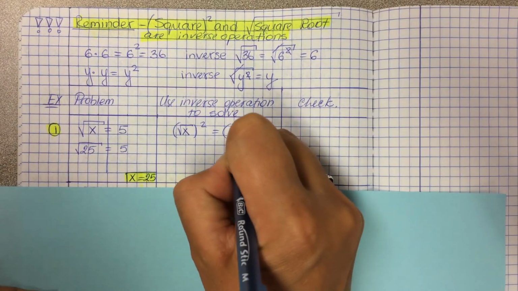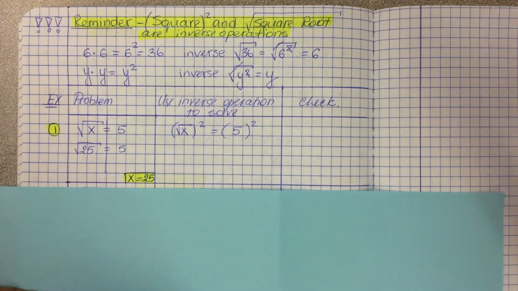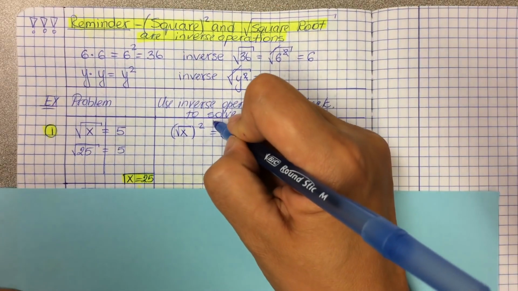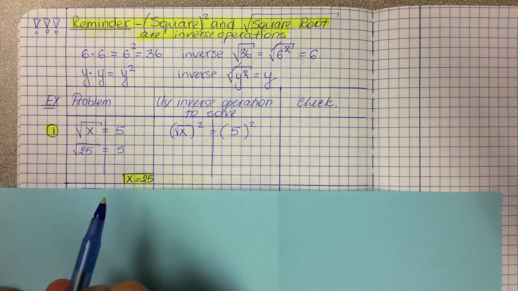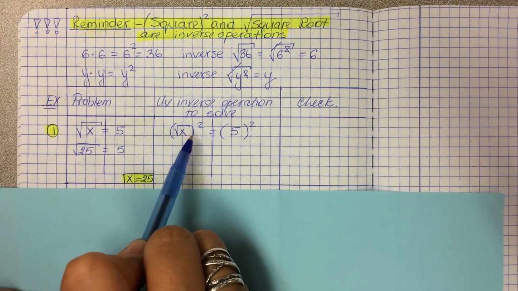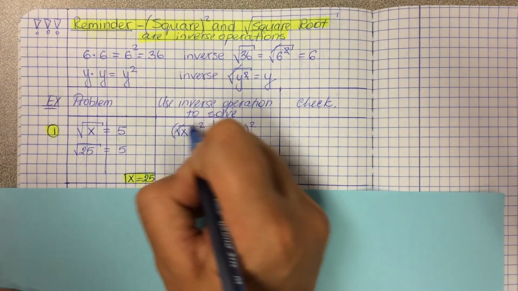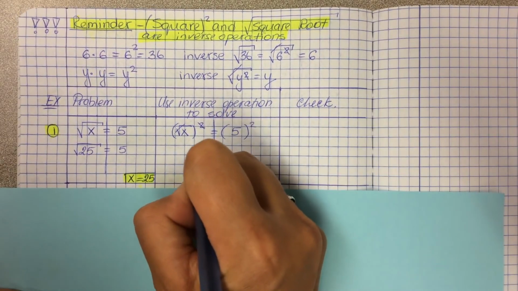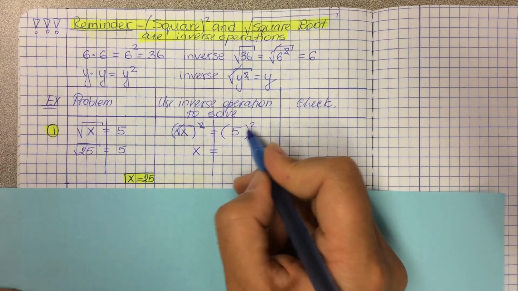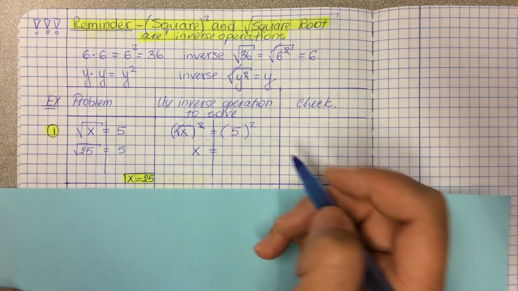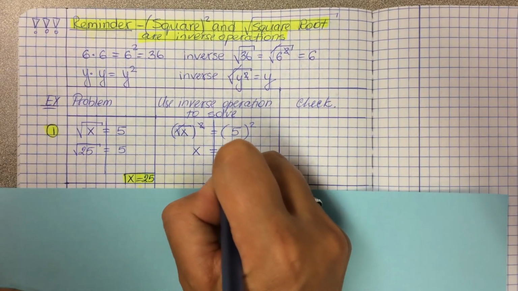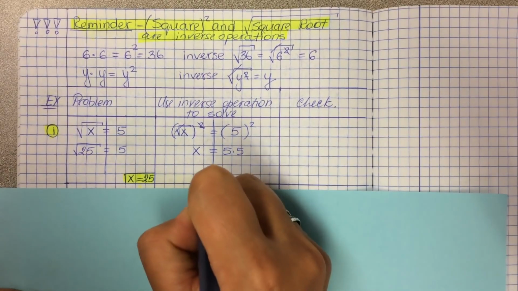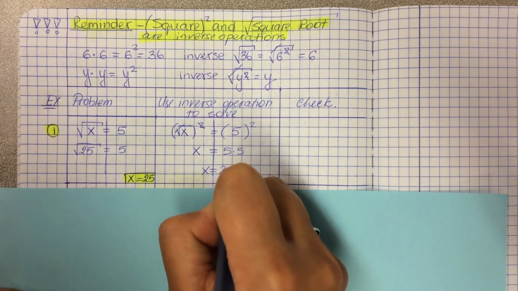Square root of x will be squared, and 5 will be squared. Using square root and square inverse operation, we cancel each other. X comes down. 5 squared means 5 times 5, which is 25. So your x value is 25.